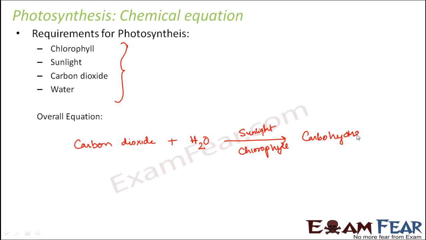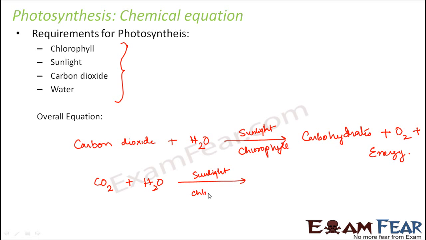So where did we hear about carbohydrates before this? While we were talking about the nutrients. And a lot of energy is also released during the process, and along with this, oxygen is also released. So if you write it down like a chemical reaction, it will be CO2 plus H2O in presence of sunlight and chlorophyll forms carbohydrates.